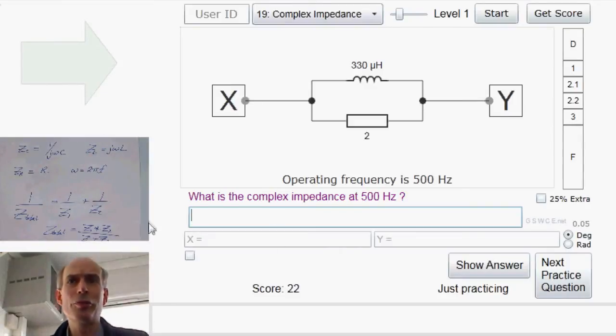Because the formulas for Z can be a little complicated, this first form of the formula, where you only have to type in Z1 once, can be a little bit easier to use.